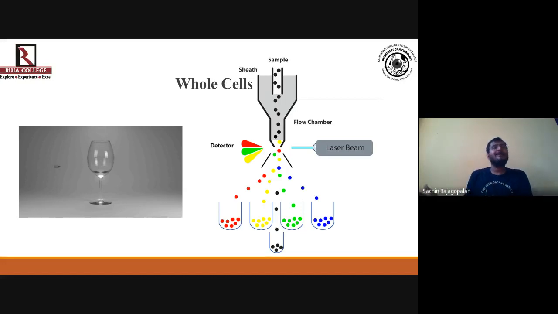And this flow cytometry was advanced to make a technique called fluorescence activated cell sorter. Okay, so it's called FACS, fluorescence activated cell sorter.